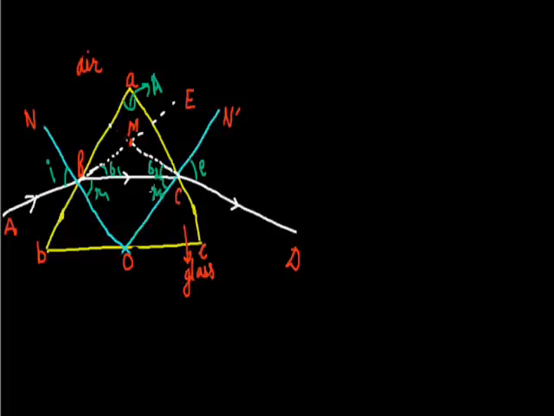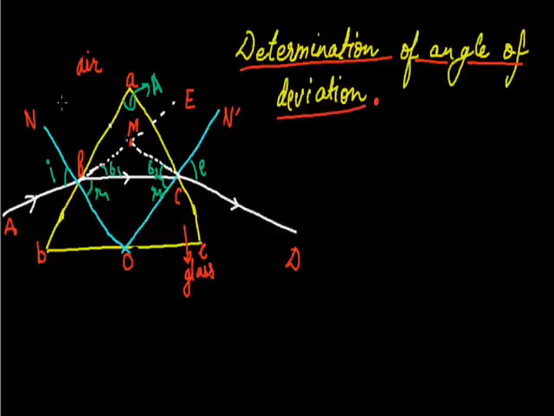So, now we want to calculate the relationship between the angle of deviation and the angle of incidence, angle of emergence and the refracted angles. To find the numerical expression of the angle of deviation, first of all we should know what the angle of deviation is.